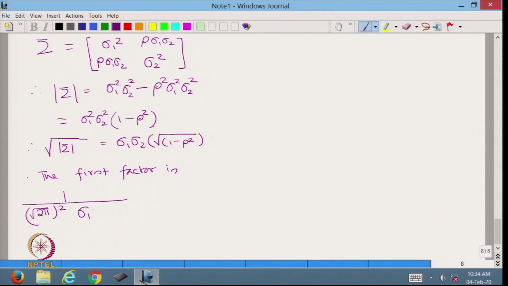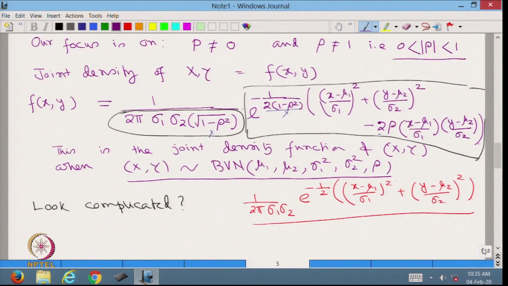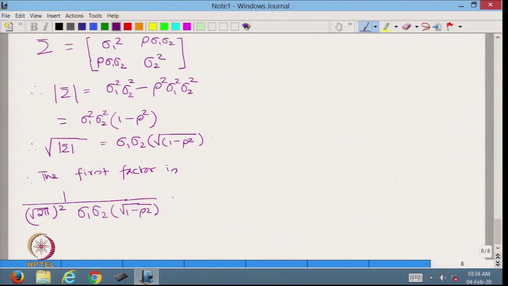Therefore, we are writing sigma 1 sigma 2 into root over 1 minus rho square. And if we compare with this, it is 2 pi sigma 1 sigma 2 root over 1 minus rho square. Therefore, the first component is achieved.